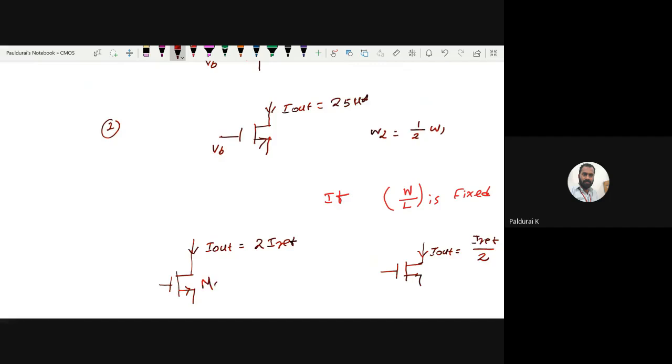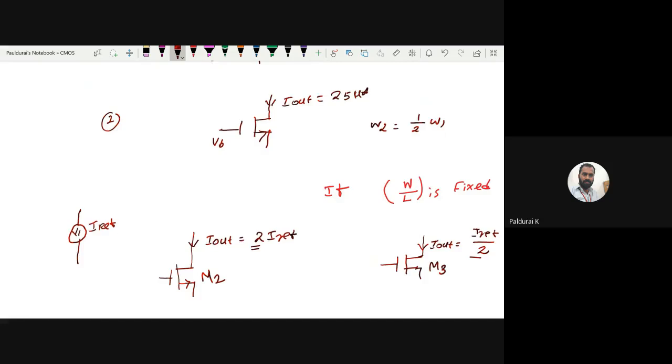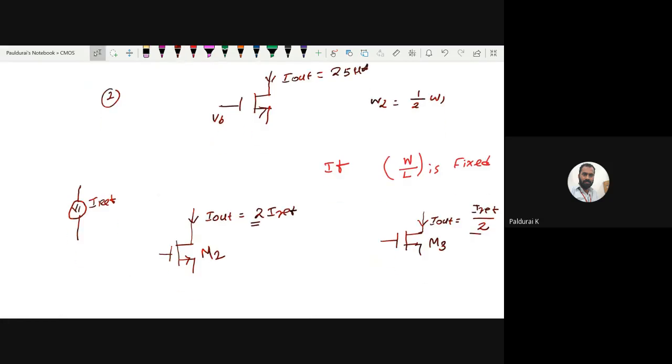Take this as M2, take this as M3. Here I have some reference current from the golden current source. Now I want to copy 2 times here and 1 by 2 times here. But this time I cannot play with width to length ratio. But I will give you one clue. You can use n number of transistors.